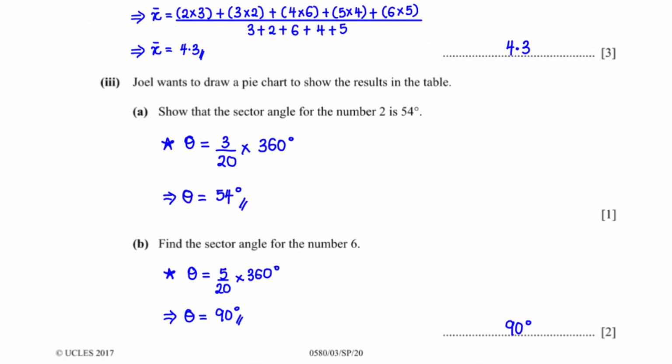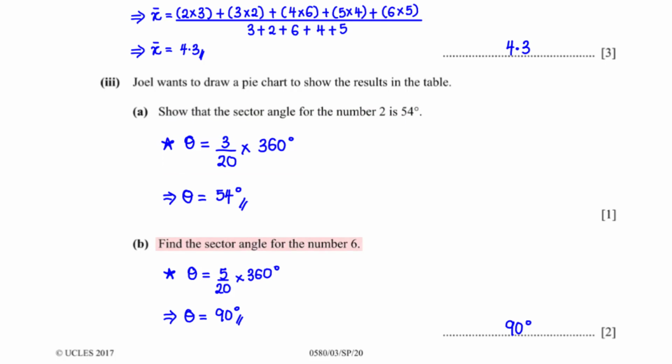Joel wants to draw a pie chart to show the results in the table. Show that the sector angle for the number 2 is 54 degrees. To get the sector angle for the number 2, we divide the frequency for 2, which is 3, by the total sum of frequencies, which is 20, times 360 degrees, which is equal to 54 degrees.